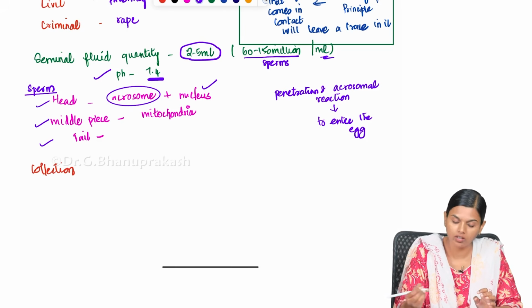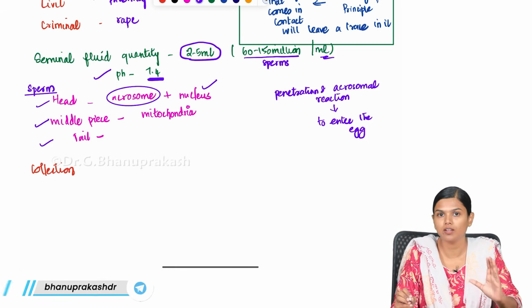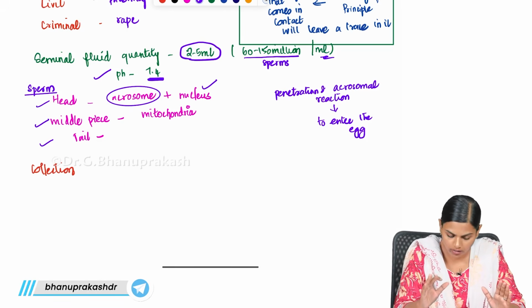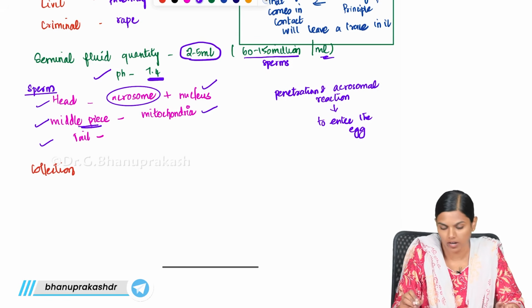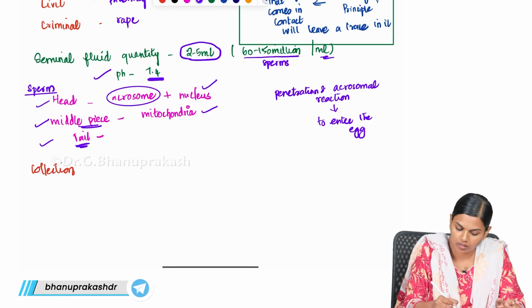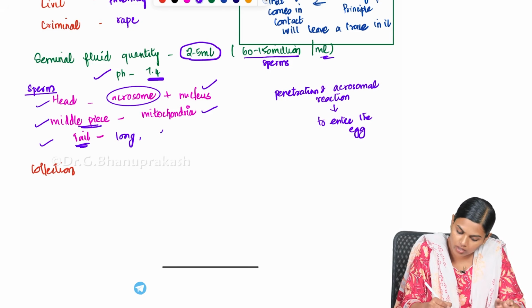Along with that you have the nucleus. That is the head, and that forms the major part. Then you have the middle piece, which contains mitochondria for energy. Finally you have a very long tail, which acts as the flagella for moving.